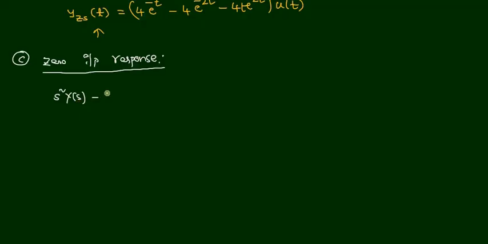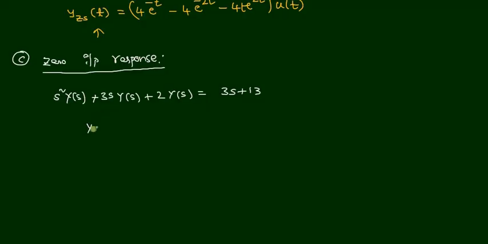The right side part, 4/(s+2), that is nothing but the input, becomes 0.